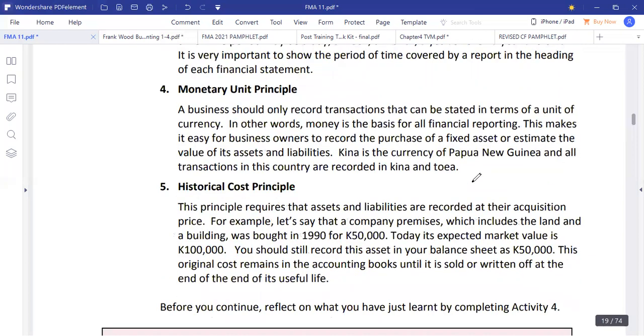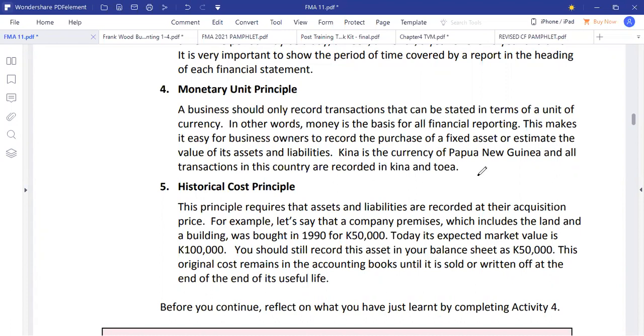There's also the historical cost principle, which simply assumes that assets and liabilities are recorded at their acquisition price. For instance, let's say a company has premises, which include land and building, which were bought in 1990 for 50,000. Today, its value is expected to be 100,000.